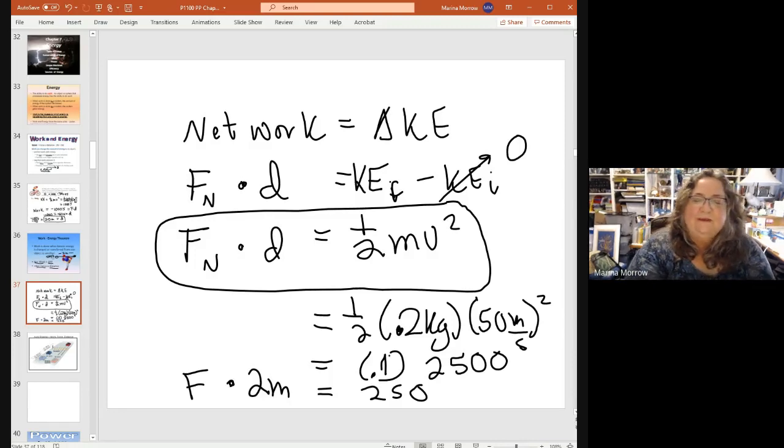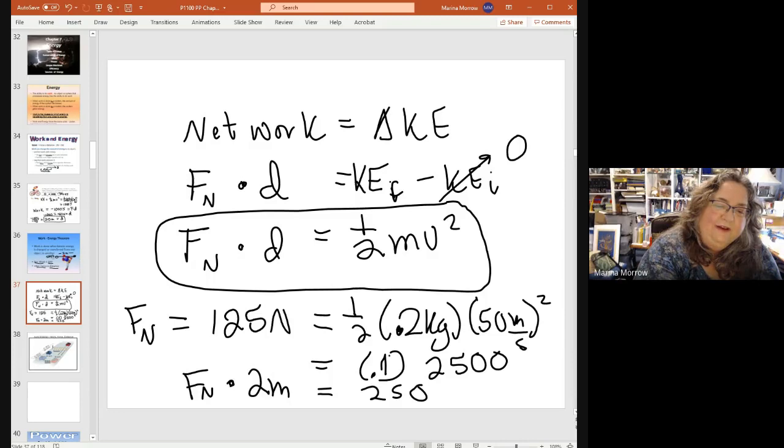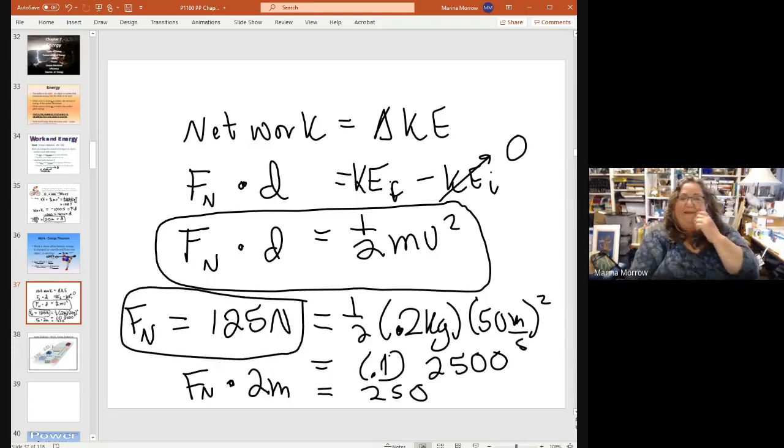And our force is going to be 250 divided by 2, which is 125. So now we know that the net force is equal to 125 newtons. That's how much force this baseball player has to use to throw that ball. So that's a pretty good force for someone to expend on that little ball.